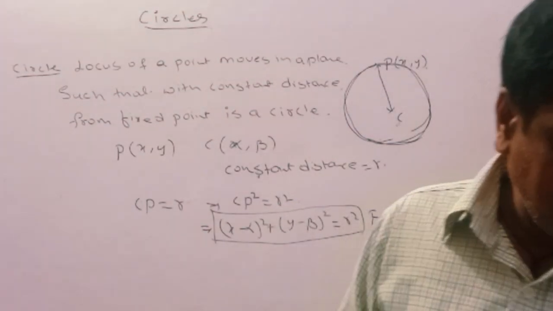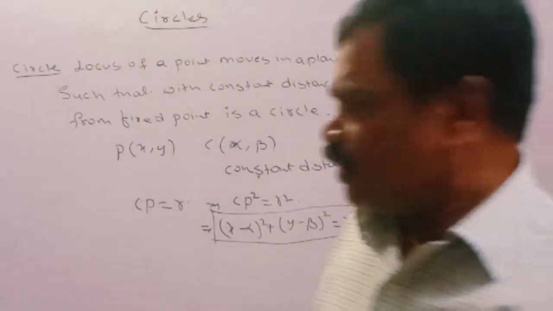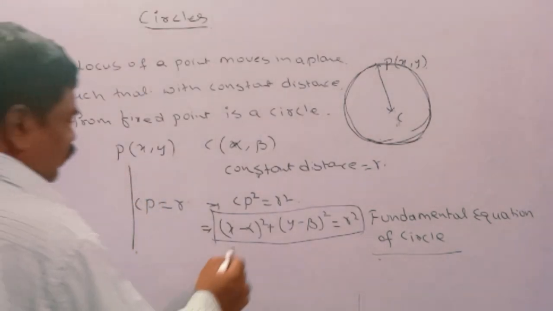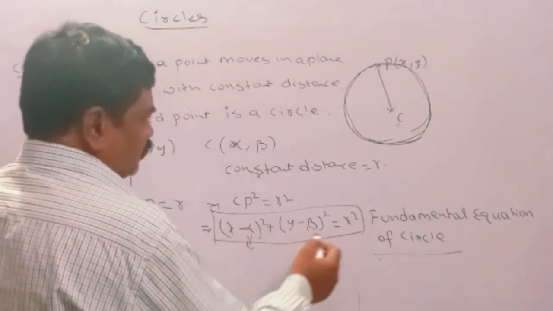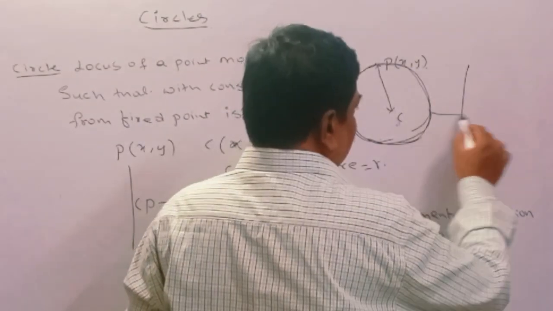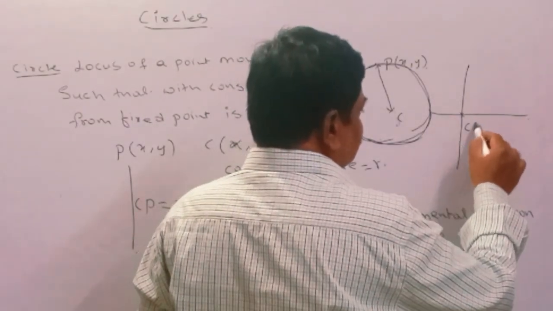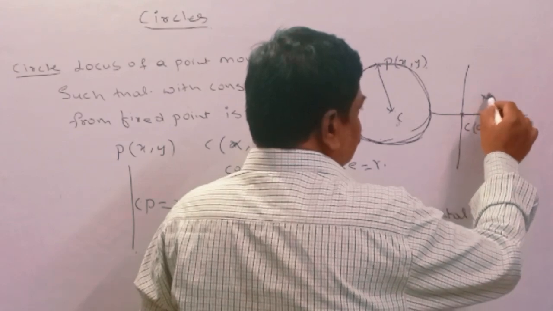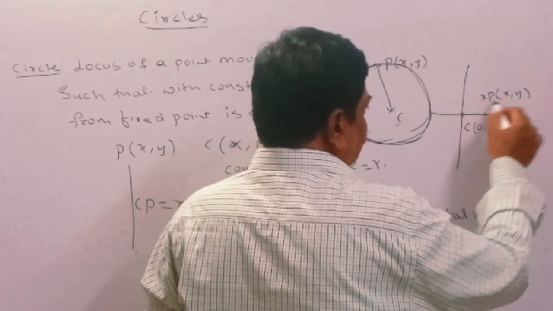So again, the equation of circle with center at the origin. You see here, this is the center C (0, 0), this is the radius r, and this is the point (x, y).